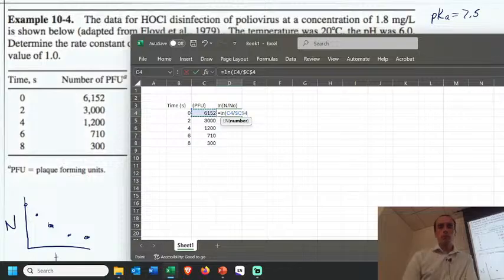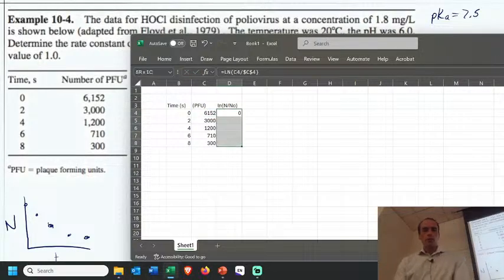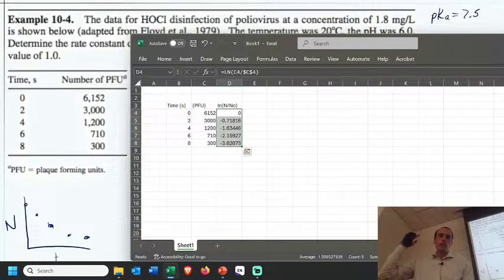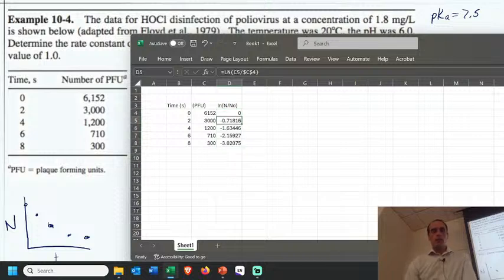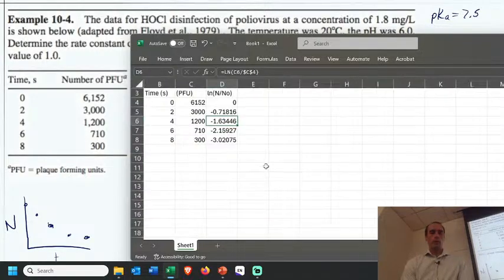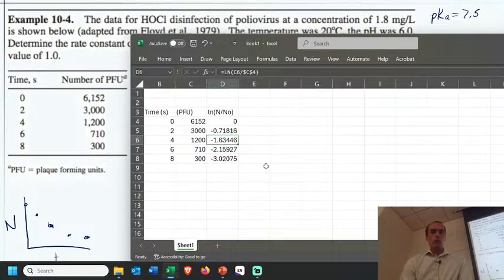So, a little cheat code. All right, then I can fill that equation down. That will lock the n initial to the n at time 0, and then it'll give us the value at each point. Okay, so that should look something like that.